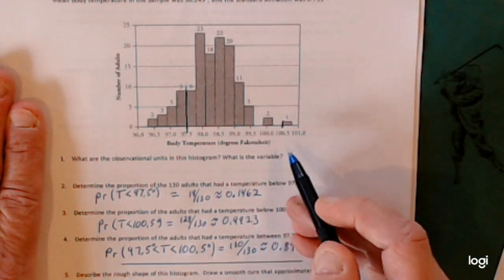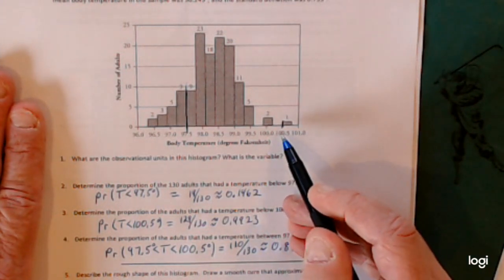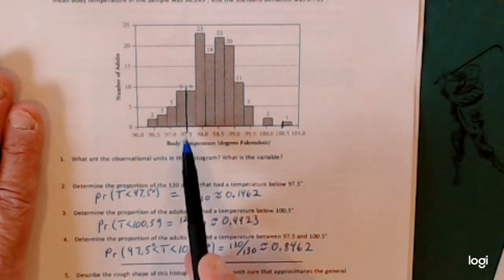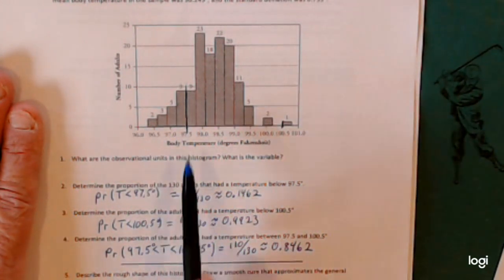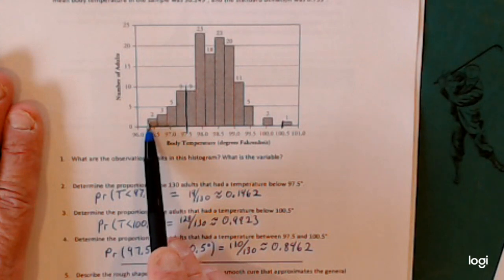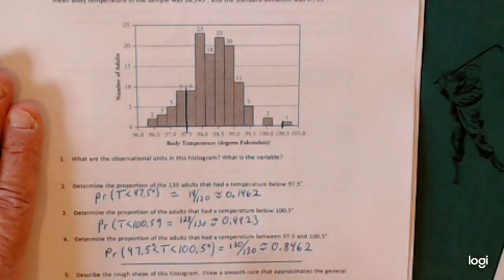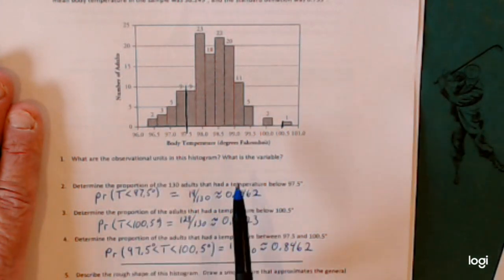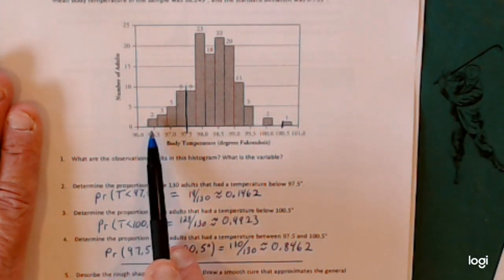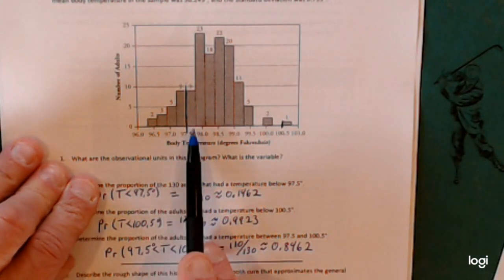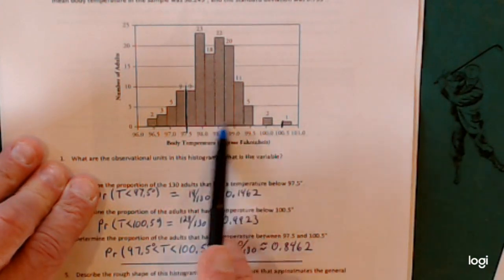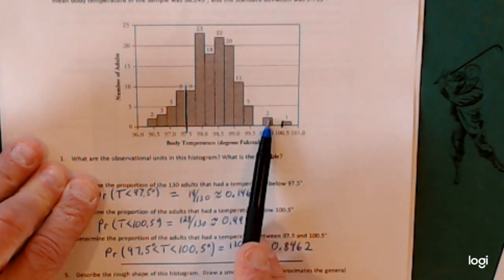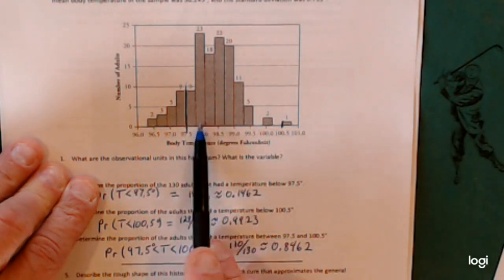The other way I like to think about it is, I just found the proportion that was less than 97.5, and there were 19 people who had a body temperature less than 97.5. I also found there were 129 total that had a temperature below 100.5. I want to find the proportion in between, but to do that I have to find the number of people in between these two values.